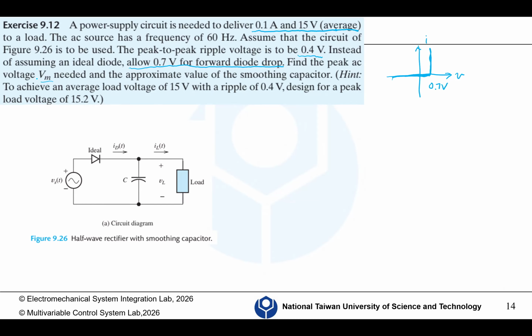So we need to find out the peak voltage, the amplitude of the input voltage, and the capacitance of the capacitor. It gives us a hint: to achieve an average load voltage of 15 volts with a ripple of 0.4 volts, design for a peak load voltage of 15.2.